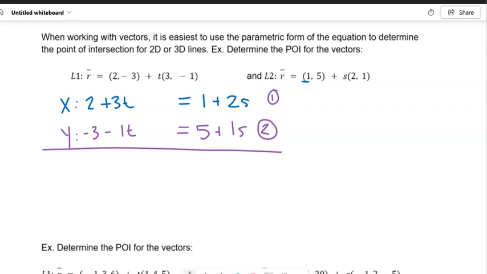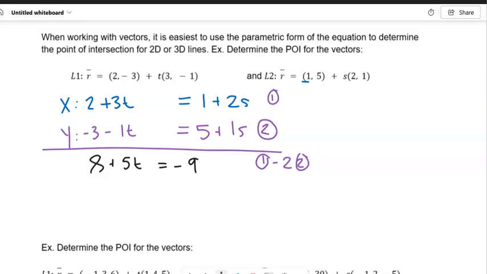So in this one, I'm going to go 1 minus 2 times 2. 2 minus negative 3 times 2 is 8. 3 minus 2 times negative 1 is 5. 1 minus 5 times 2 is 10, so that's negative 9.